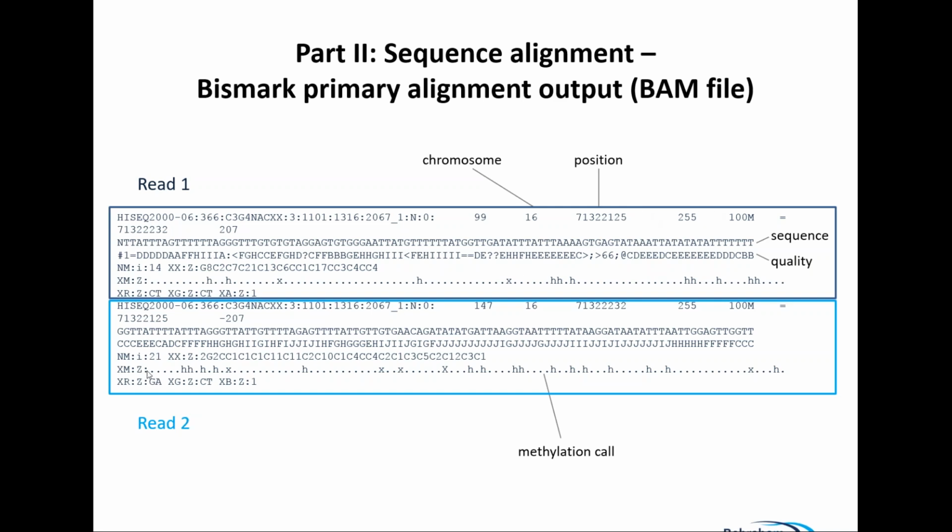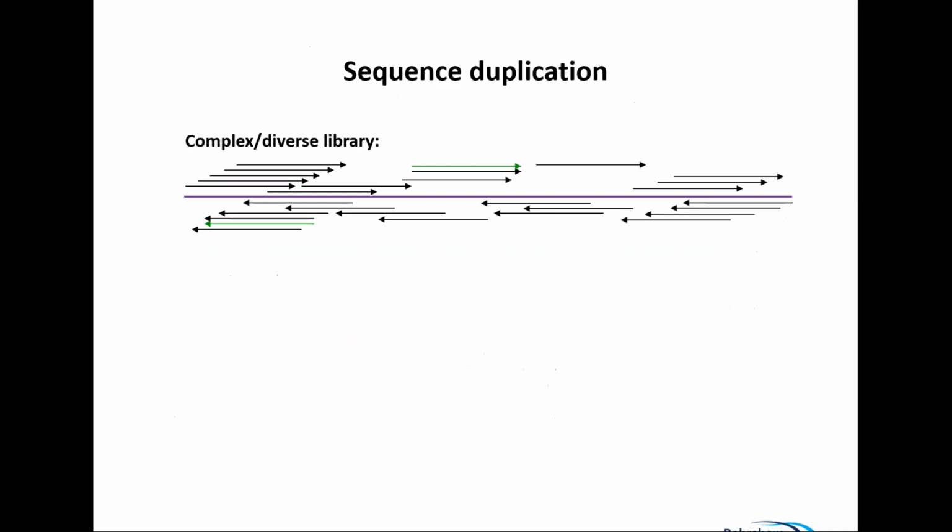The most important one is probably the methylation call. This one, the XM flag, where you can see these dots and whether or not a base was methylated. And this is then actually the data we are interested in. So these files contain much more information. However, they are still not very easy to use, because they still contain hundreds of millions of lines. And in addition to that, it's a binary format.